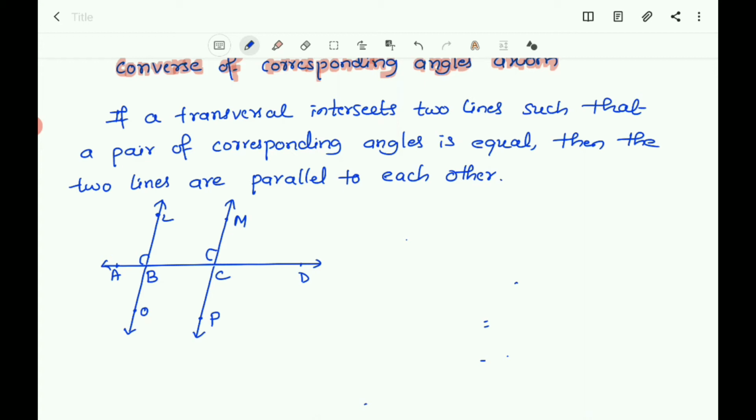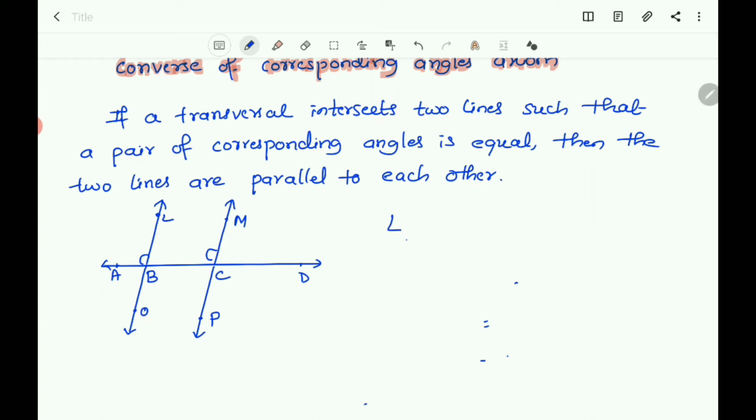So you got the verification here. When the corresponding angles made by the transversal of two lines are equal, then those two lines are parallel to each other. Here what you got?